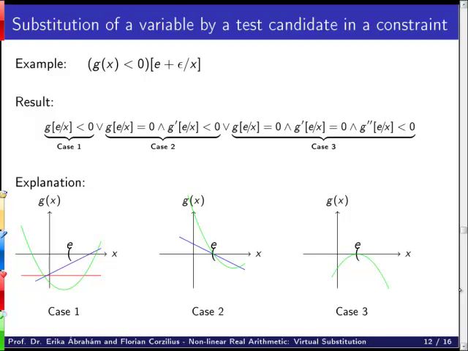These three plots show us the three different functions we could have for g: quadratic, linear, or constant. And the result at e is negative all the time here. And if you take plus epsilon, so very close to e, it is still negative, because of the density of R.